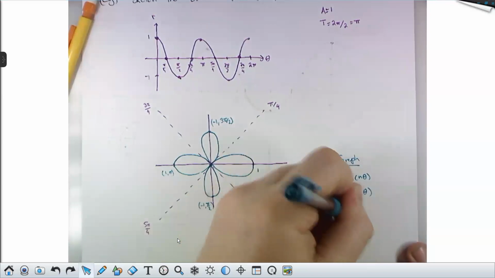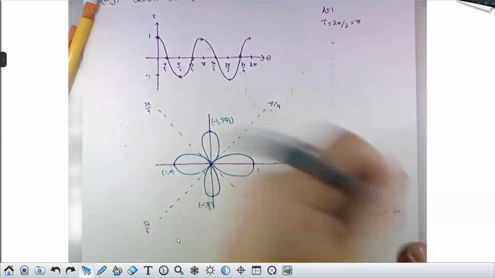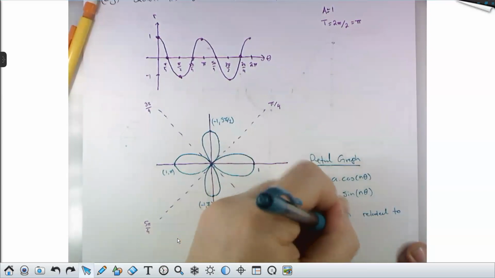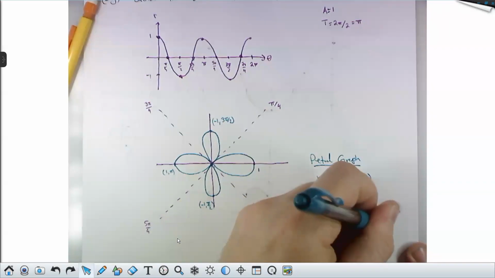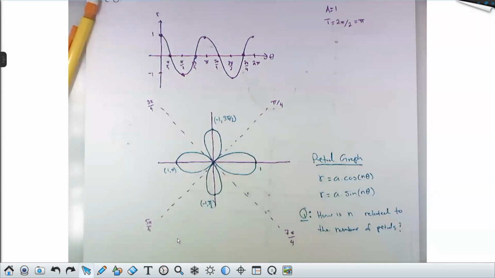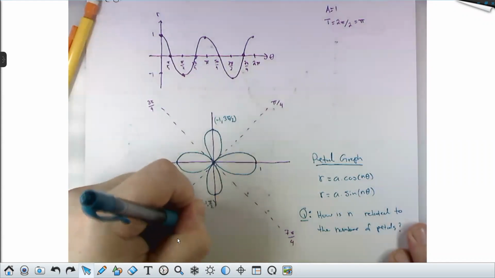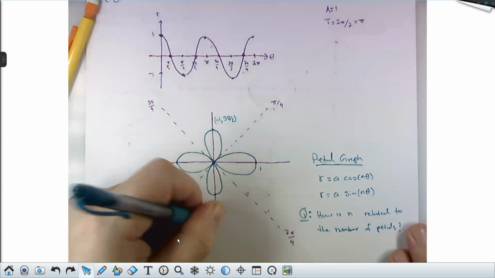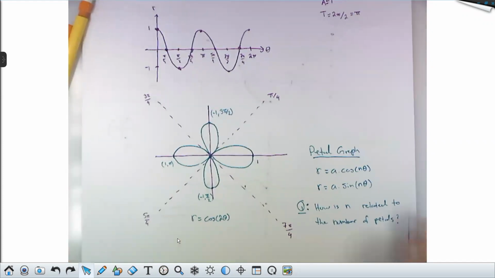How is n related to the number of petals? So for example, here, this was the polar curve, r equals cos 2 theta, and we have 4 petals.